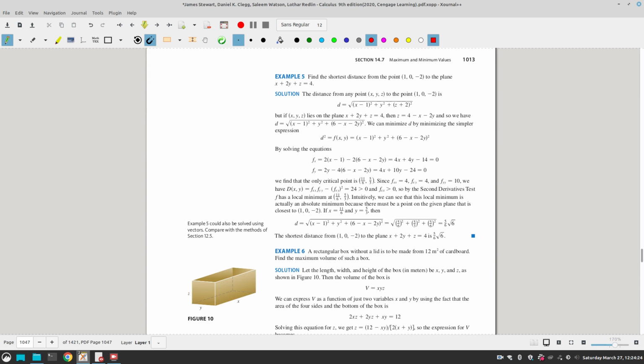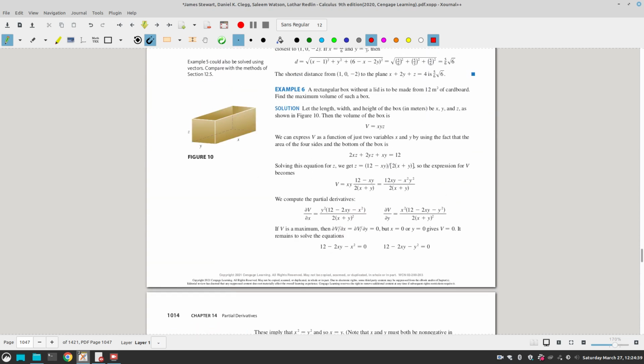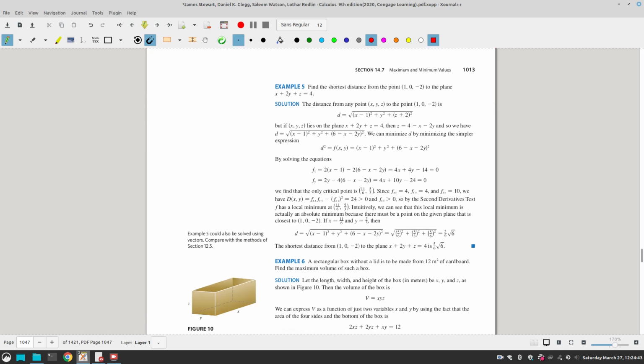Find the shortest distance from a point to the plane. Okay, so this is applied stuff, all right? If you want to find the shortest distance from a point to a plane, of course, the shortest distance is the perpendicular distance from a point to a plane.